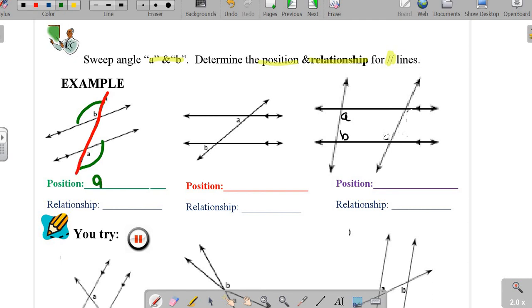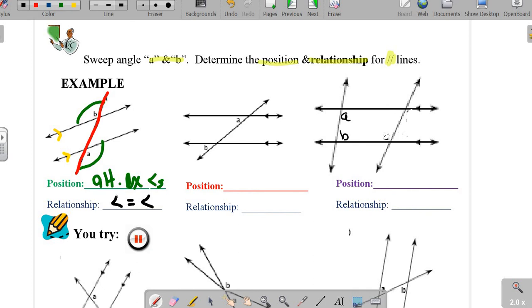So, positionally, they are alternate exterior angles. What is their relationship when lines are parallel, which these little arrow feathers mean that they are? These angles are congruent to each other. So, we just write angle equals angle.